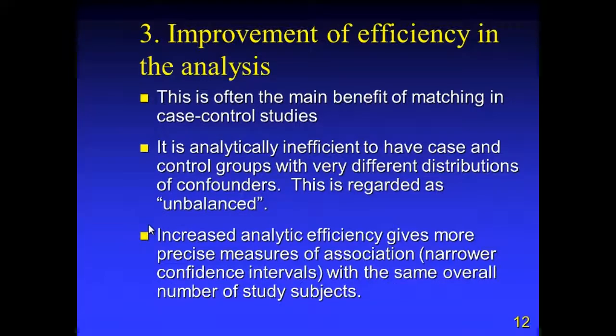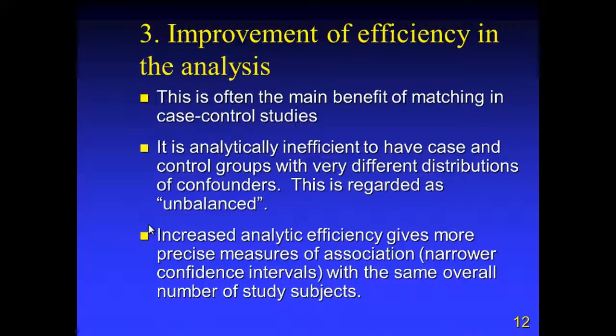The third reason why we might carry out matching is to improve the efficiency of our data analysis, and often this is actually the main benefit of matching in case control studies, but not one that people are aware of very often, and not one that's often mentioned.